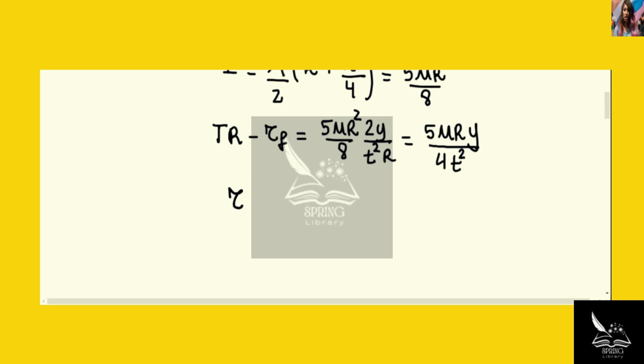So this means that tau f is equal to Tr minus 5mry over 4 t squared.